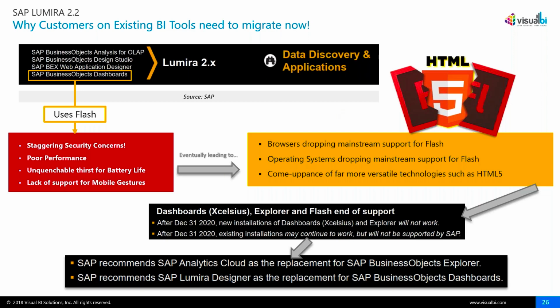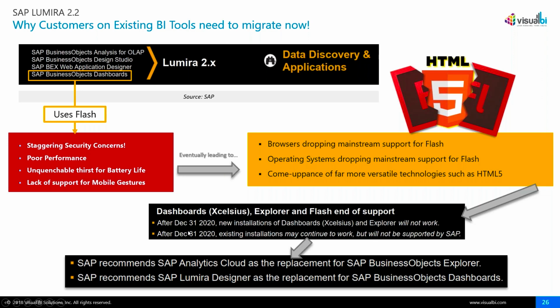Now, Flash, as you know, is going away in most browsers and operating systems because of a lot of security and performance concerns. So naturally, SAP is also going to be stopping support for Flash and Flash-dependent tools, basically, such as dashboards and Excelsius, and BusinessObjects Explorer by 2020.